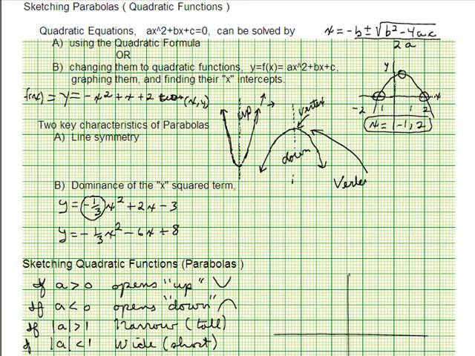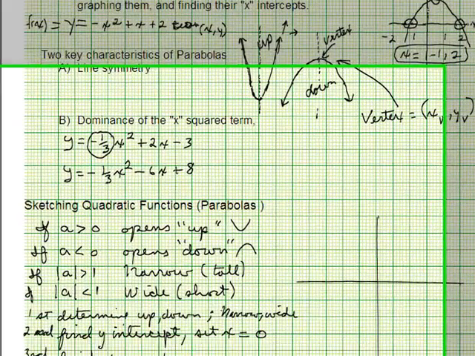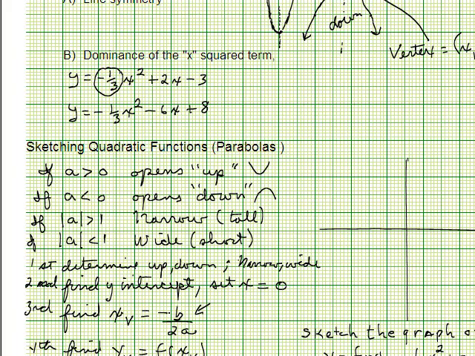Since the vertex is a particular point (x, y) where the line of symmetry crosses the parabola, I give it the special name x vertex, y vertex. So if you want to know the x value of the vertex, put negative b over 2a. That's a number that we're familiar with.